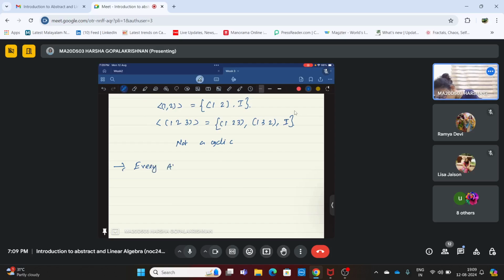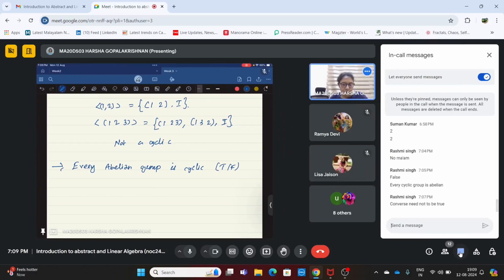Now, every abelian group is cyclic. That is the question I was asking. That is the converse of the earlier statement. So what about this, true or false? Someone already said it is a false statement. Can anyone give an example?